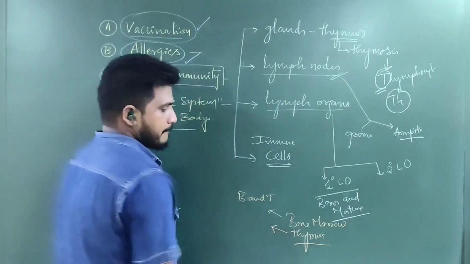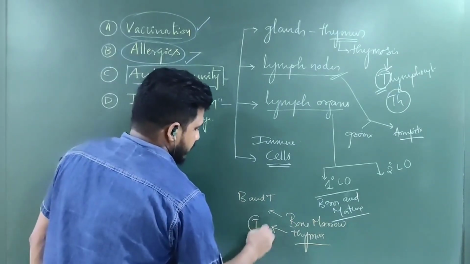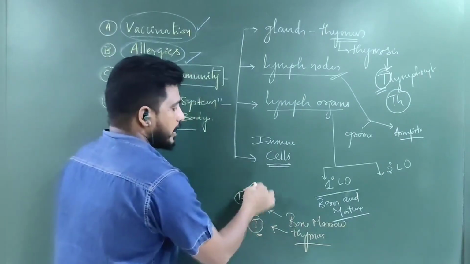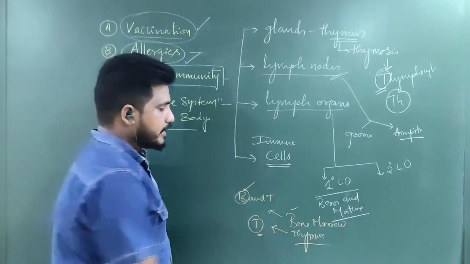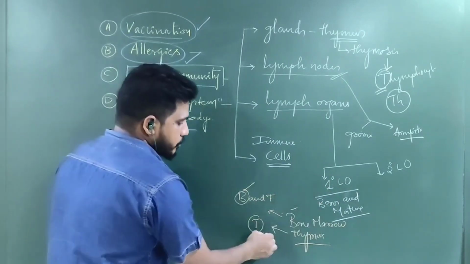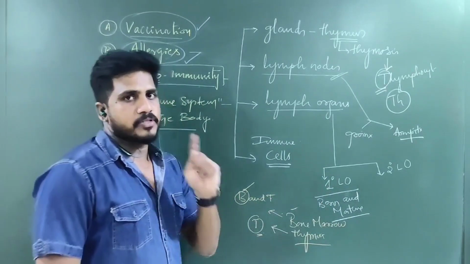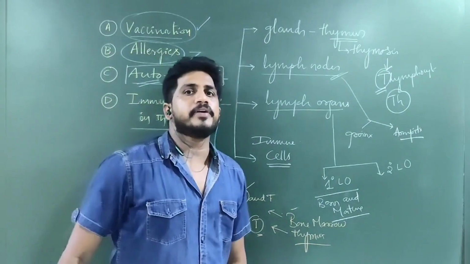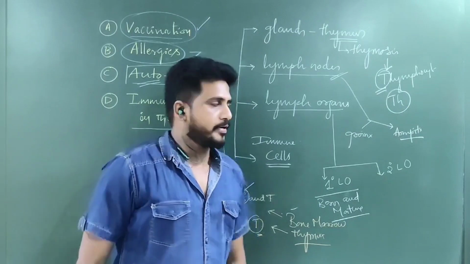In the thymus, T lymphocytes mature, whereas B lymphocytes are born and mature in bone marrow. T lymphocytes are born in bone marrow but mature in the thymus, because the thymosin hormone is there. That's why the thymus gland is called the school of immunity or training center of immunity.